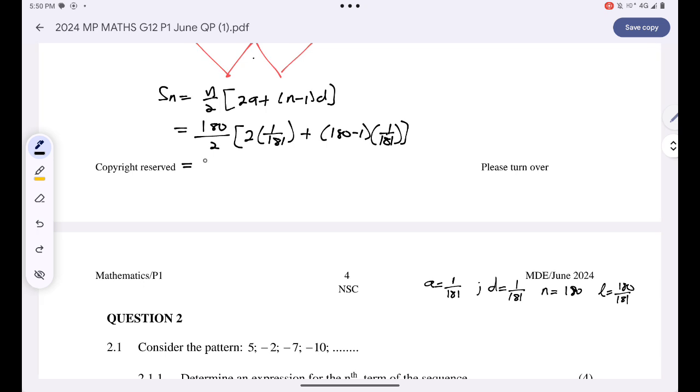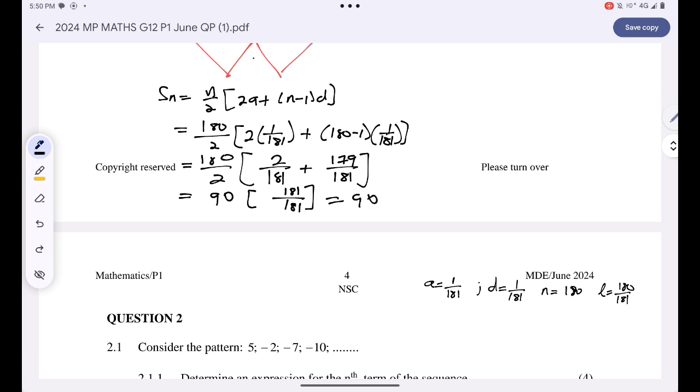Let me try to do it without the use of a calculator. I don't trust this answer. That's 2 over 181 plus 179 divided by 181. 180 divided by 2 is 90, and then I have 181 over 181. Yeah, that's why I don't trust this answer of mine. My answer is just equal to 90, guys. I can't even press a calculator.